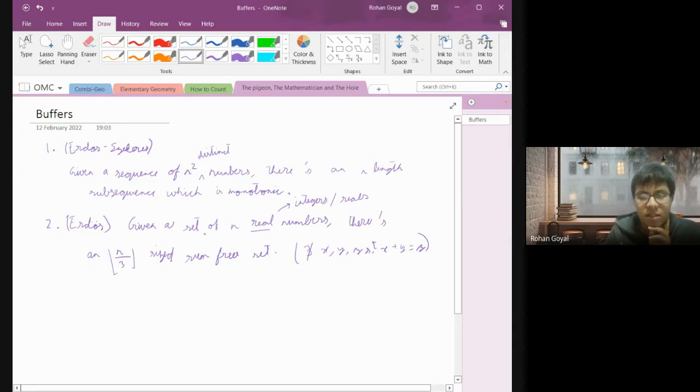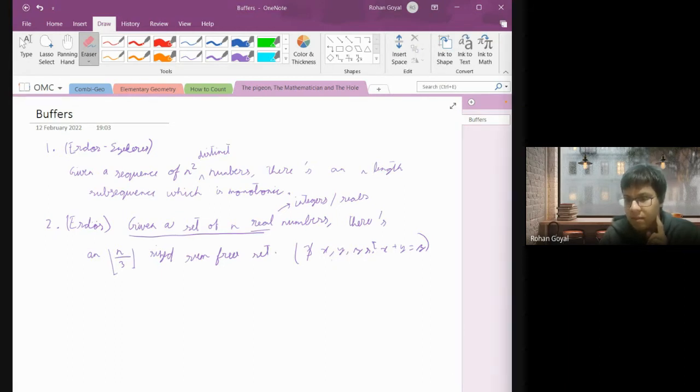Given a set of n real numbers or n integers, there's an n by 3 size sum-free set. A sum-free set is a set in which there are no x, y, and z such that x plus y is equal to z. Monotonic is just completely increasing or completely decreasing. Anyone who wants to copy these down or take a screenshot, just do it now. Then I'll move on to the actual lecture.